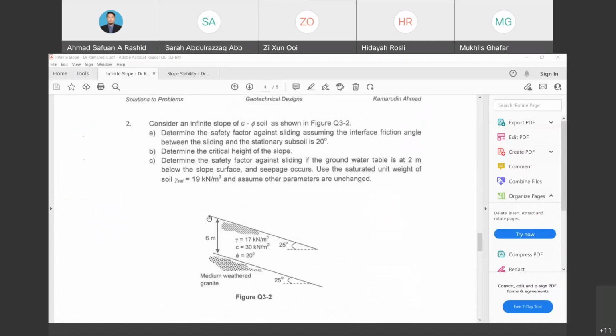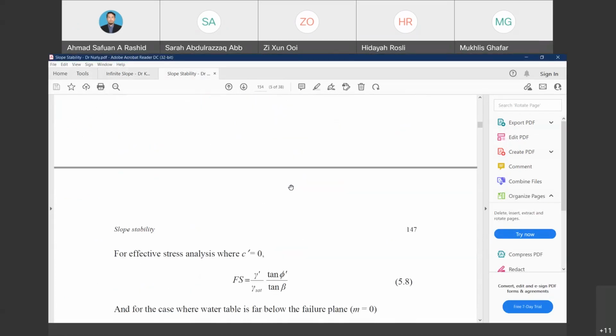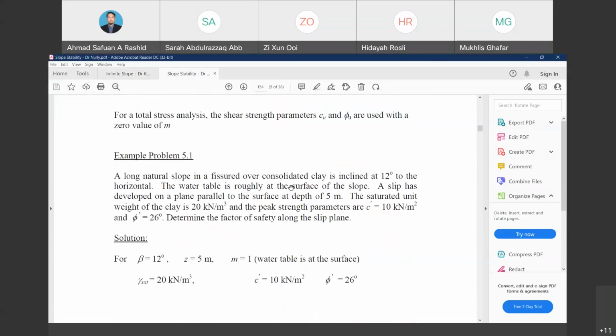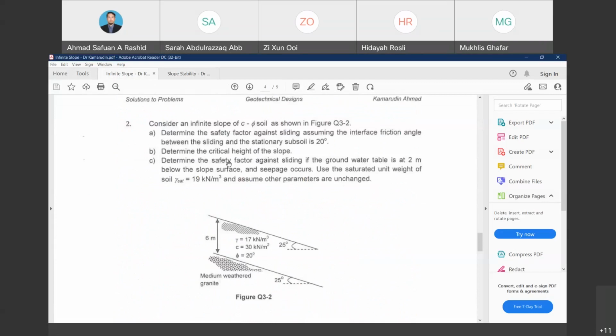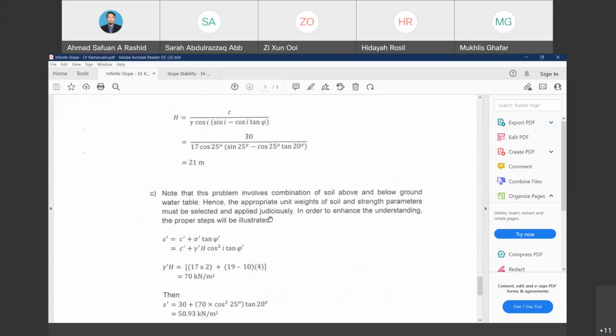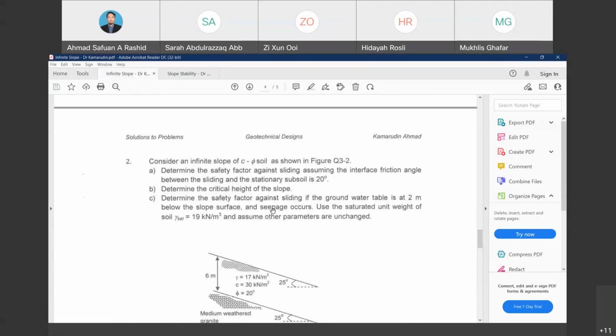This means the height of the groundwater level from the failure surface is 4 meters. Previously, Dr. Noli Gofar's approach does not show any example where the groundwater level is below the ground surface. So for this case, you may try to use the M approach and then compare with Dr. Kamarudin's calculation.